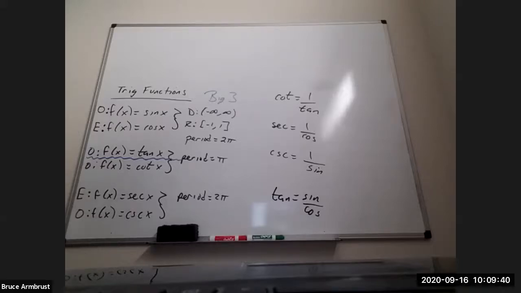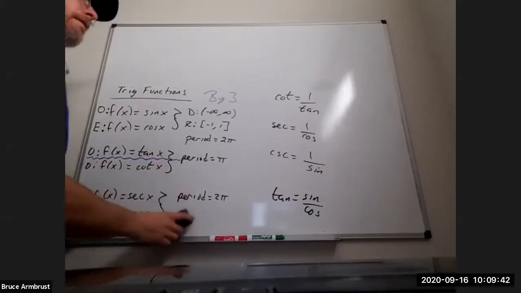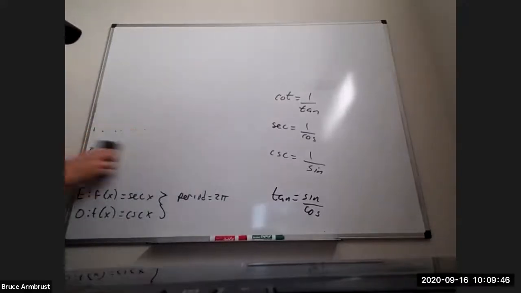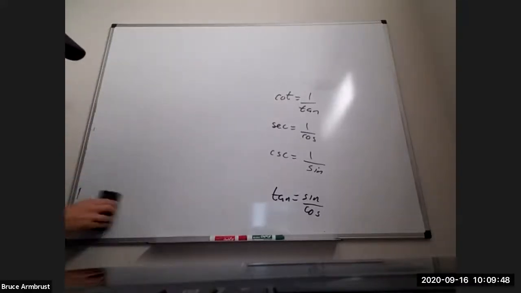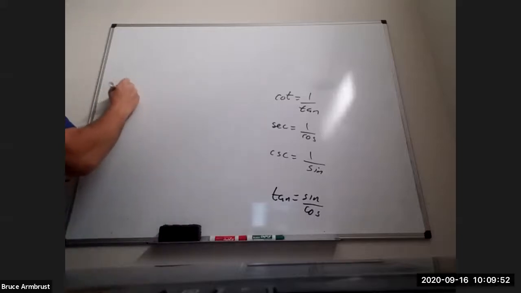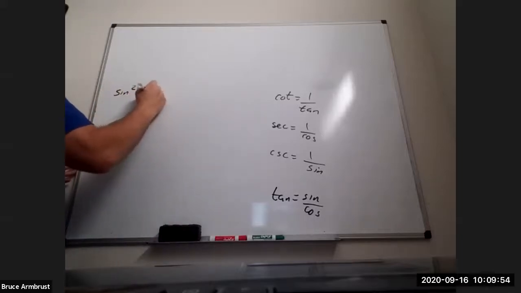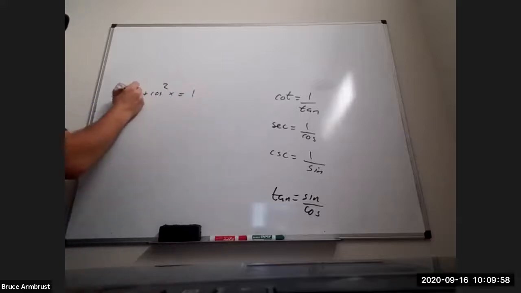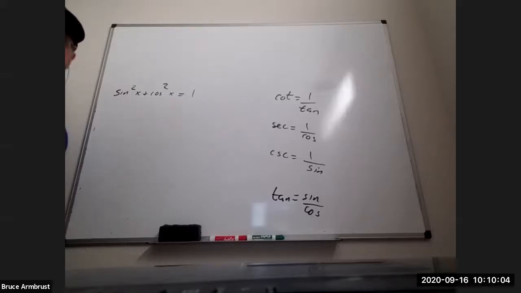There is one more that you probably know, and that's the one we call the Pythagorean identity. It goes sine squared plus cosine squared equals 1. Sine squared plus cosine squared is equal to 1.